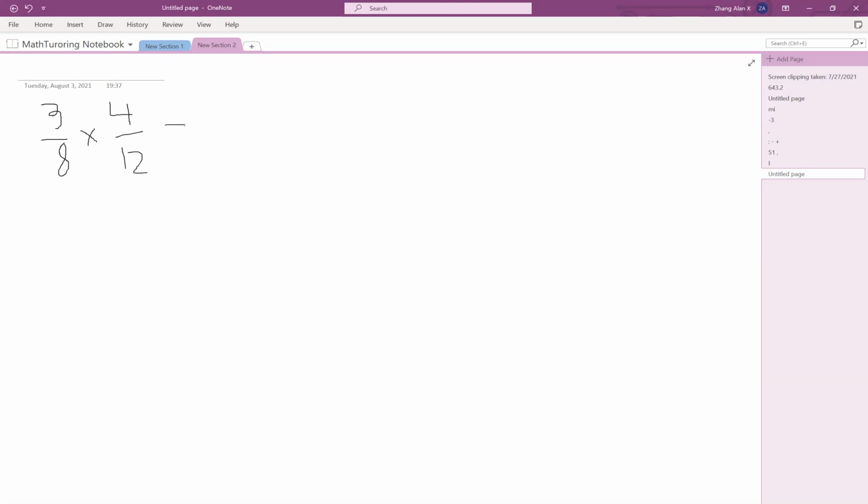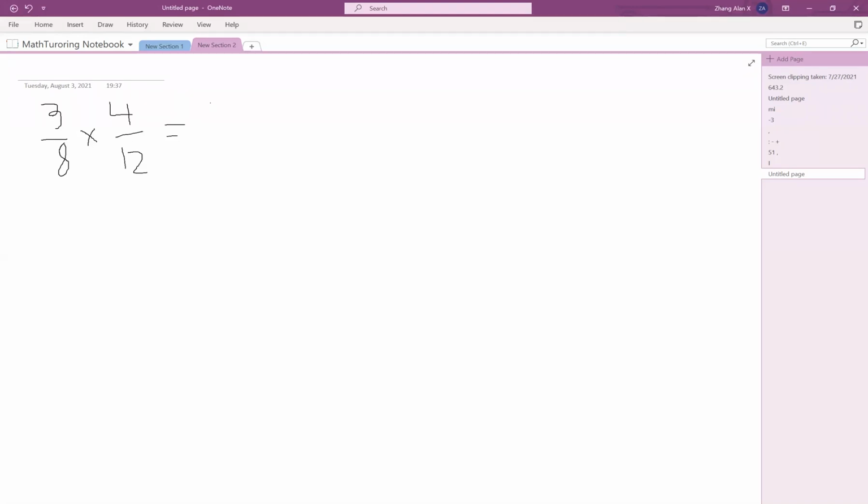Dominic, could you guide me through how you would approach this problem? What numbers could we simplify here? The 8 and the 12. Yeah, and how would we simplify it?